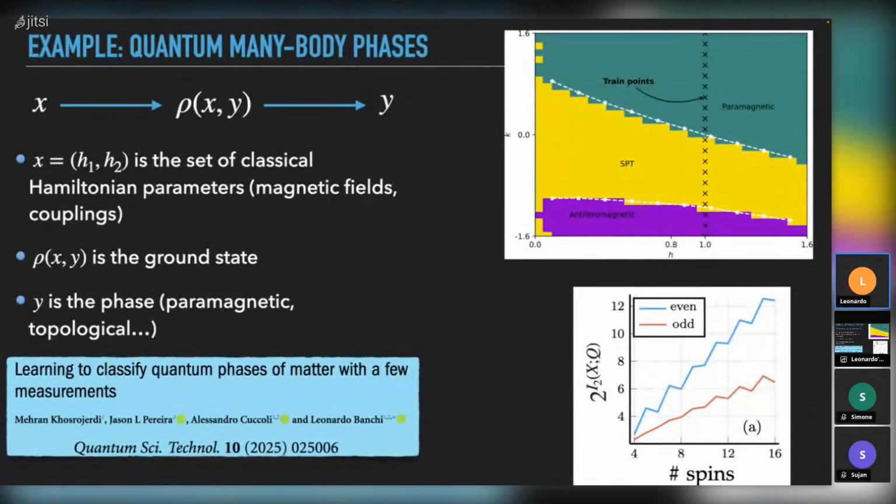But what I want to show here is that we have computed this mutual information between the X and the Q, which defines the generalization error, and also defines how much data you need to learn an observable, like an order parameter, for the phase diagram. You see that if you study this quantity as a function of the number of spins, it grows, I would say, linearly.